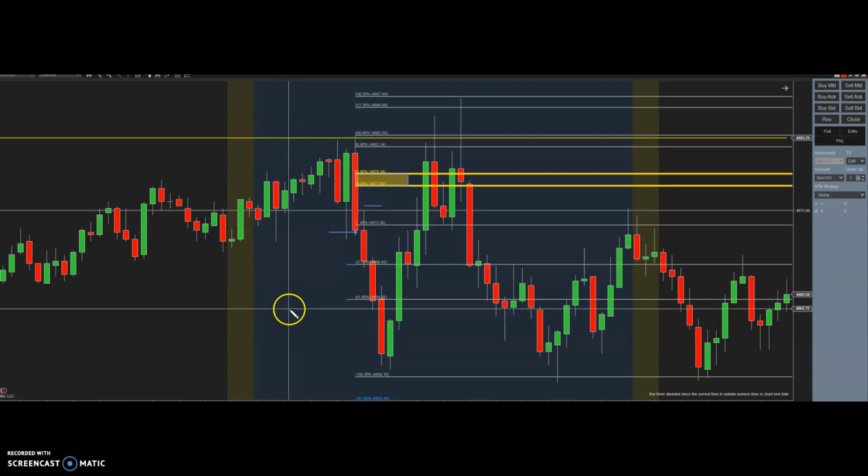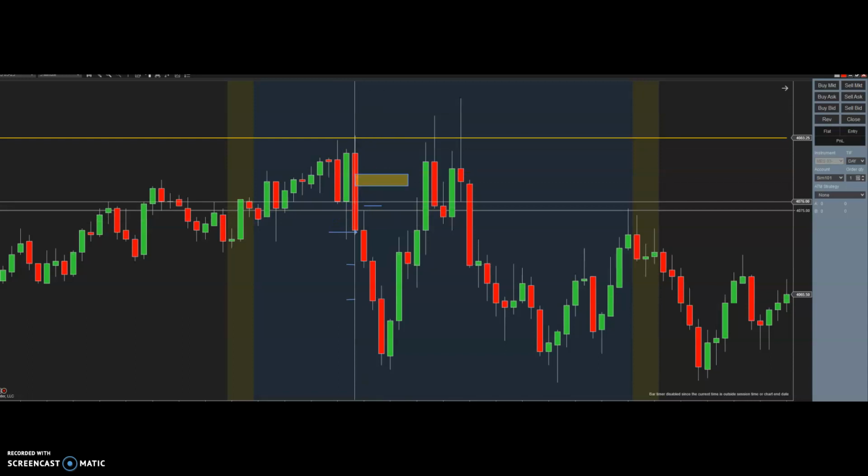Okay? Now, here's the beautiful part about utilizing this tool. And I say tool and not strategy, because it's a tool. Your strategy is mastering market structure. That's your strategy. Okay? The tool to use to determine how strong a trend is the Fibonacci, for myself.